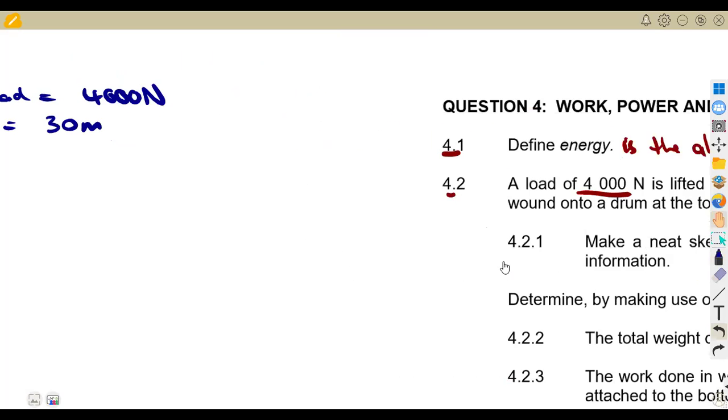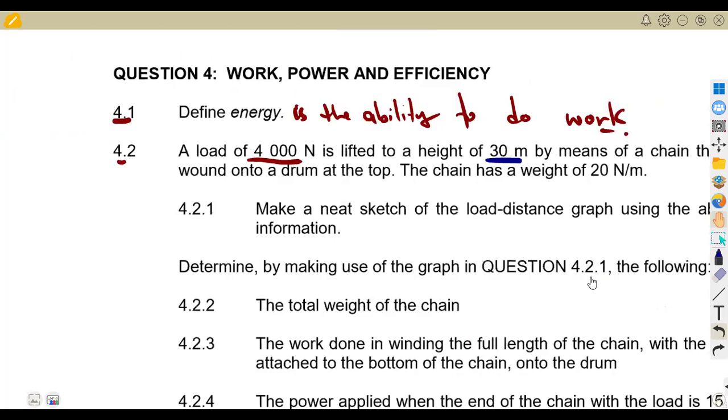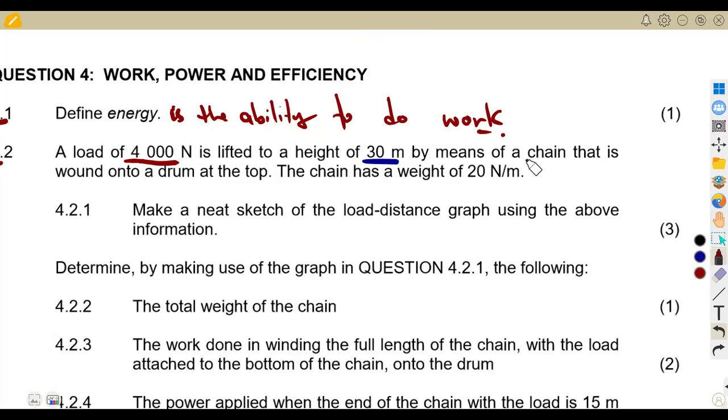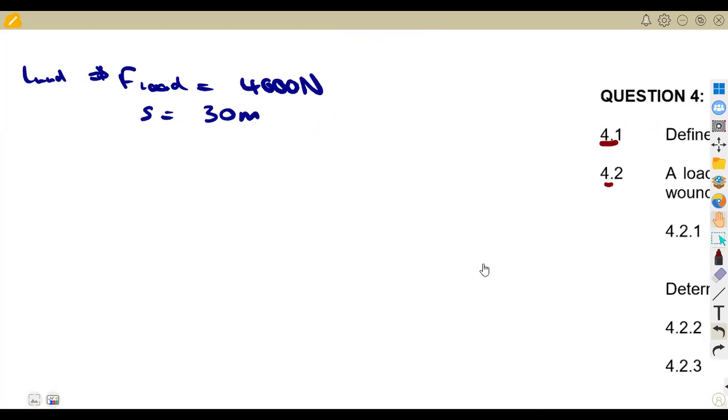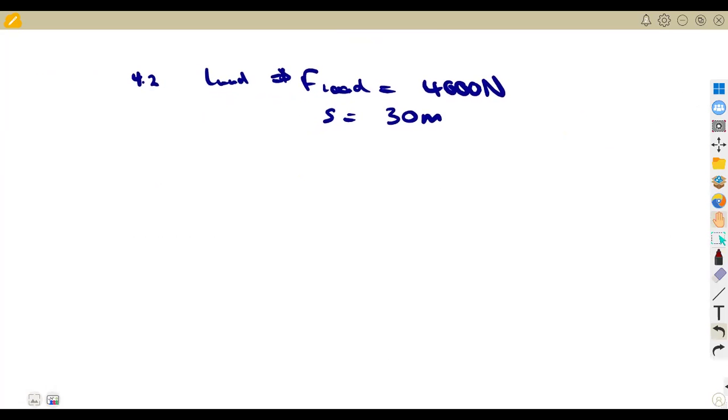What else? Then also here they are saying by means of a chain. So we are using a chain that is wound on the drum at the top. The chain has got a weight of 20 Newton per meter. So the first part was the load, now we've got the chain. For the chain, we are not given the actual weight of the chain, we are given the weight of the chain per meter, 20 Newton per meter.